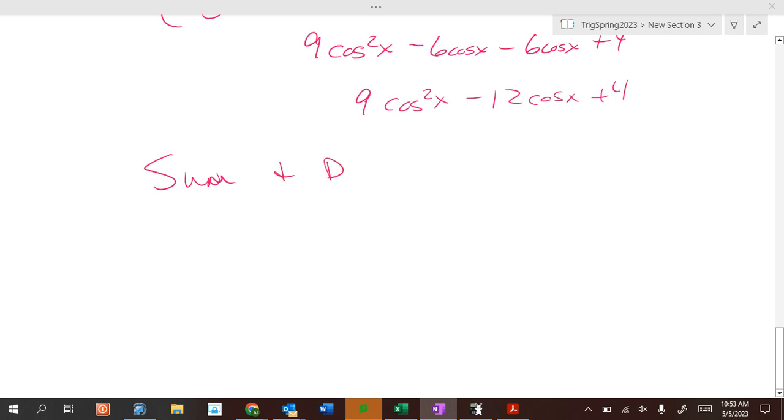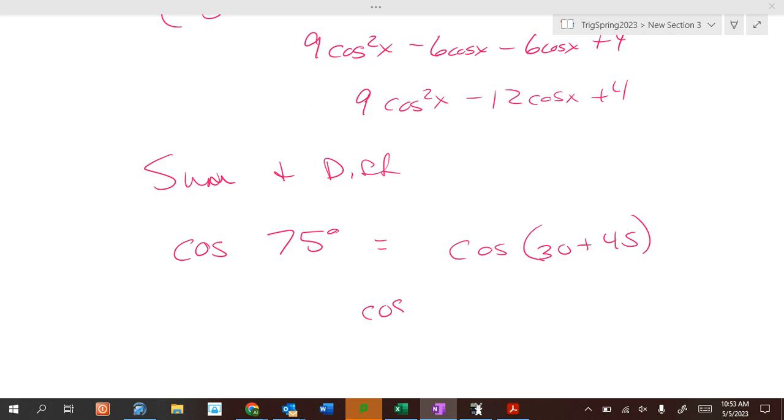Let's look at the sum and difference formulas. If we have the cosine of 75 degrees, how do we do that? That's cosine of 30 plus 45. So it's cosine of 30, cosine of 45, minus sine of 30, sine of 45.